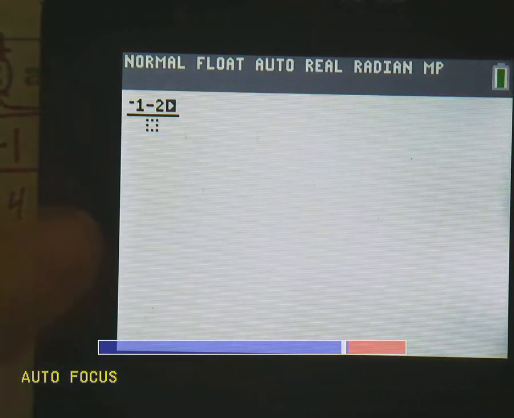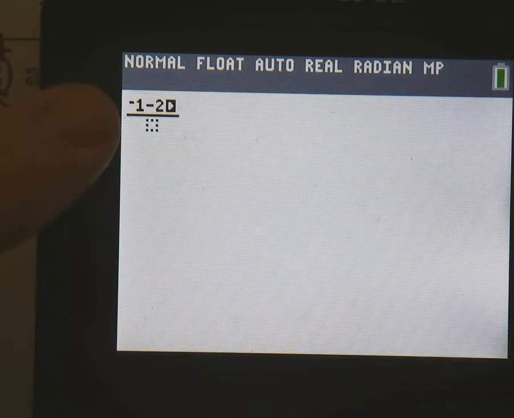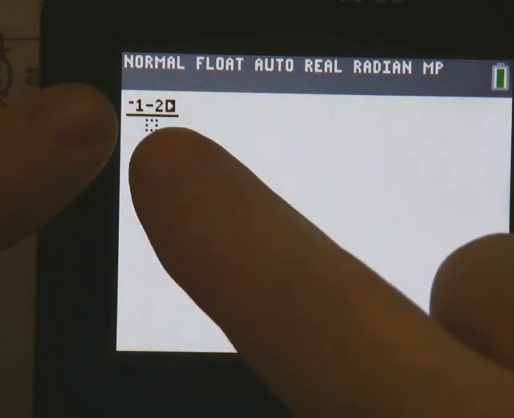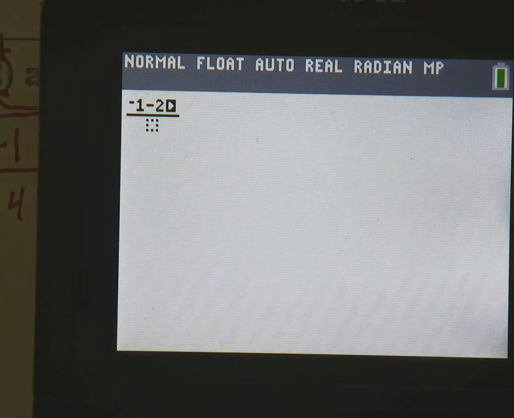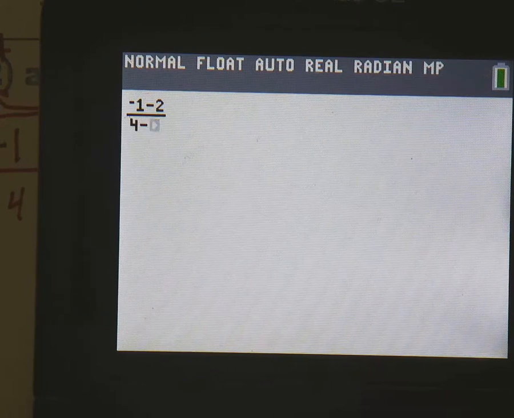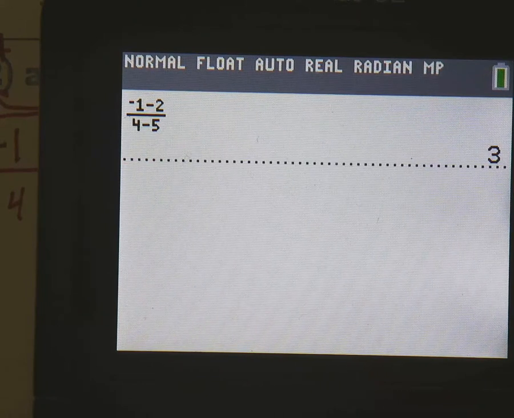Notice that my negative sign is shorter and higher because I use the negative button at the very bottom of my calculator. The minus sign is longer and lower. Give me a thumbs up if you've got that. Good. Then our denominator is 4 minus 5, and that will help you with the calculation.